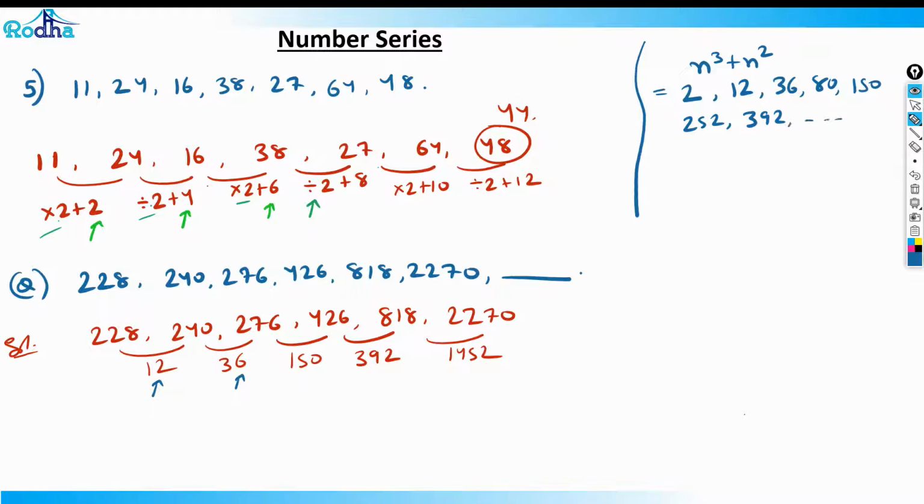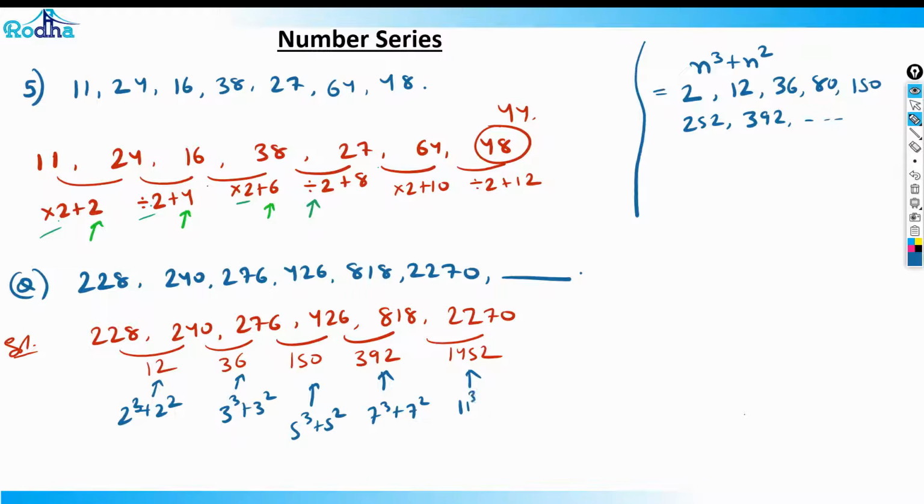It goes like this. Okay, we can observe here 12 is 2 cube plus 2 square, 36 is 3 cube plus 3 square, 150 is 5 cube plus 5 square, 392 is 7 cube plus 7 square, and 1452 here is 11 cube plus 11 square, right?